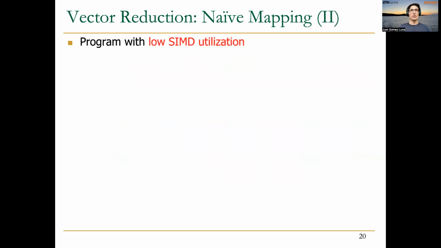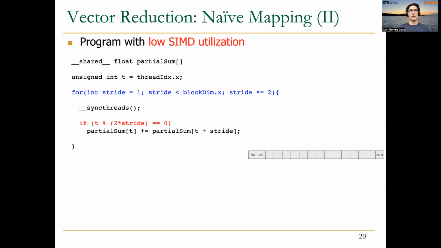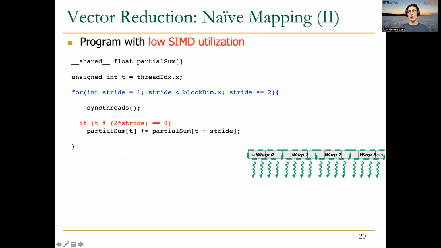Let's say this is the basic code for the tree-based reduction. You can see it here. The problem with this implementation is that it achieves low SIMD utilization. Why is that? Because if this is our input array and we assign parts of the array to different warps in this way, when the stride is equal to 1 in the first iteration, only half of the threads work.